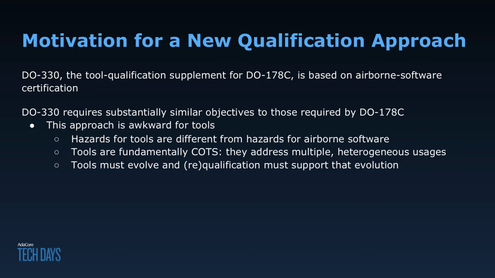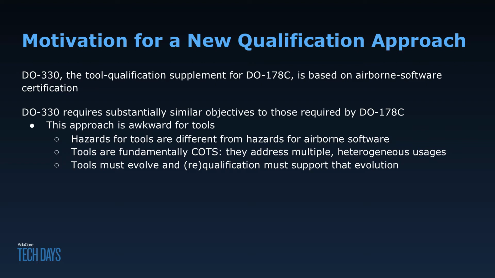So DO-330 asks for applicants to come up with substantially similar objectives to those that are required by DO-178C. But tools aren't airborne software, and they differ from airborne software in three critical ways. So first, the hazards for tools aren't the same as the hazards for airborne software.